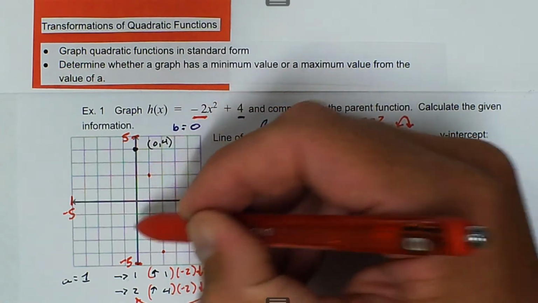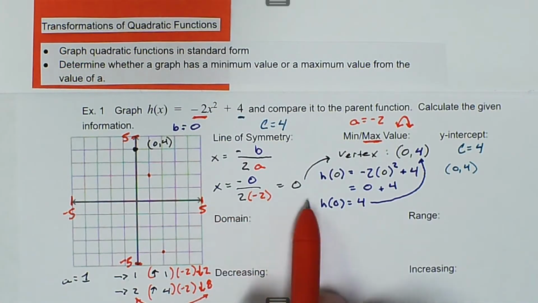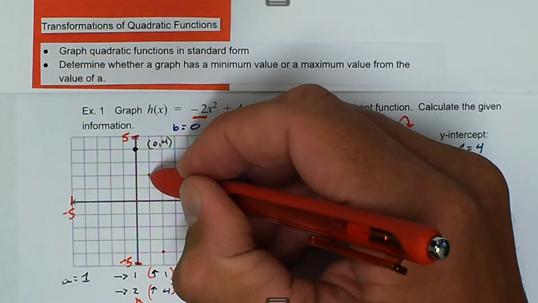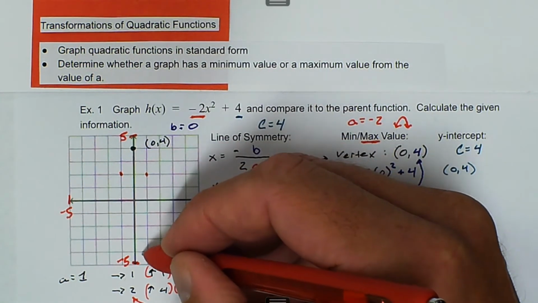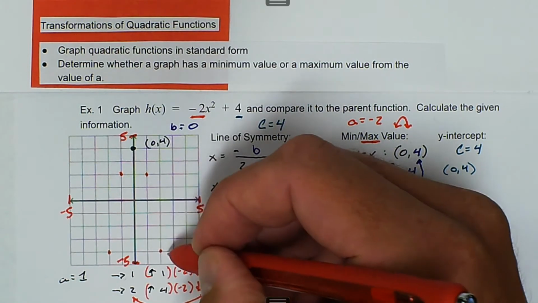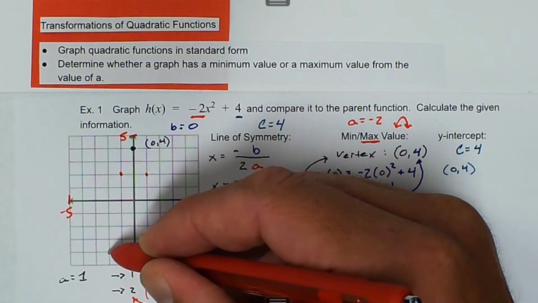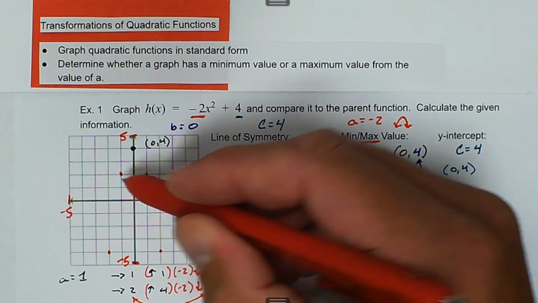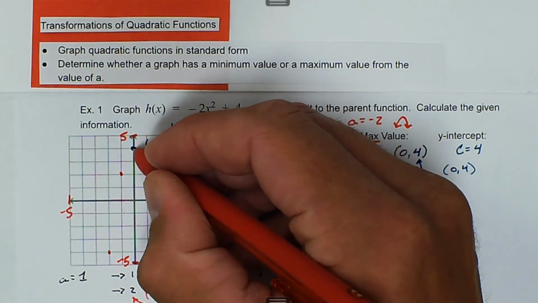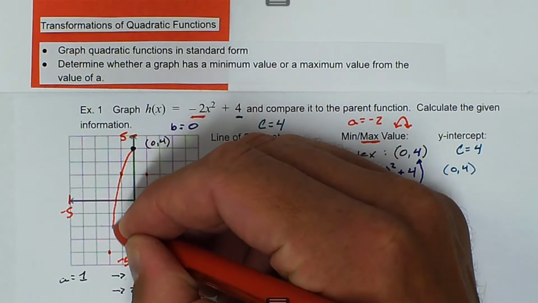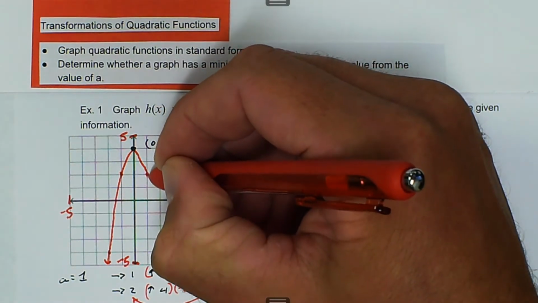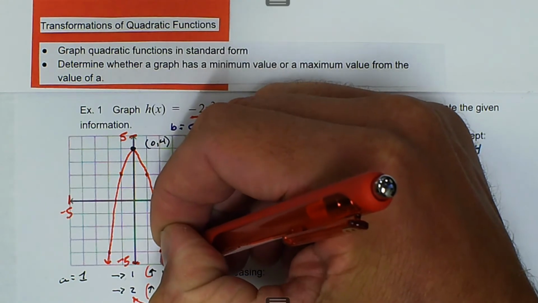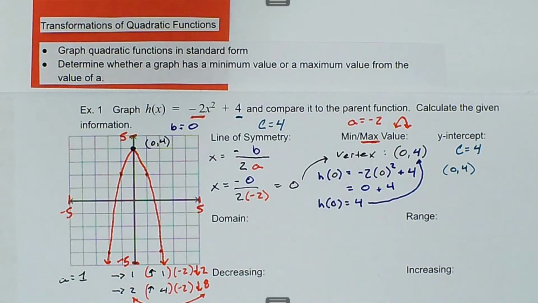Now, the line of symmetry, or the axis of symmetry, we already calculated was x equals 0, so we can flip or reflect the points over the y-axis. So this one's over 2 this way, so we go 2 that way. This one's over 1 this way, so we go 1 that way. And then we can finish. So we got a lot going on there.